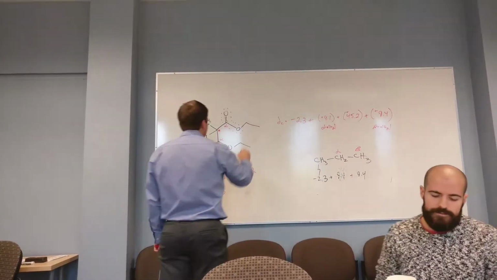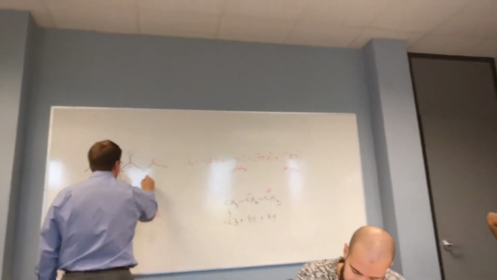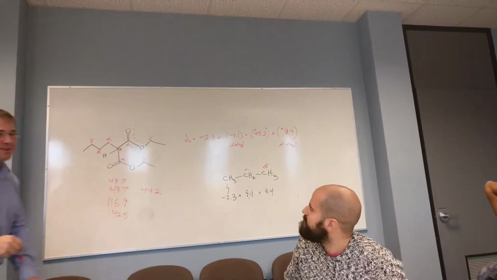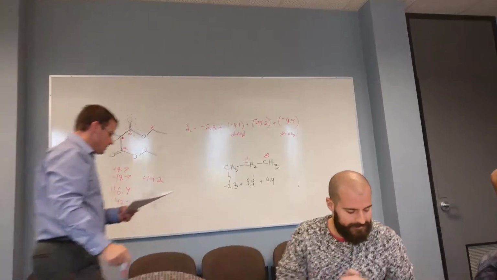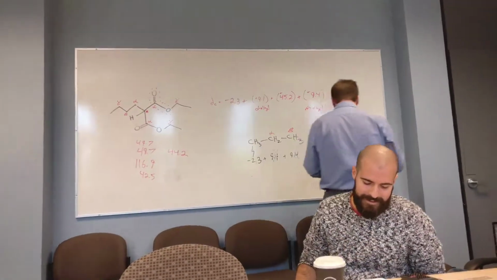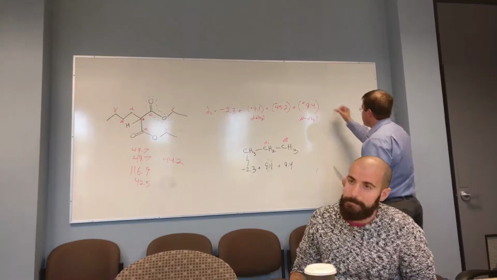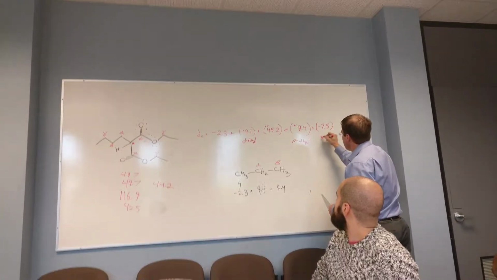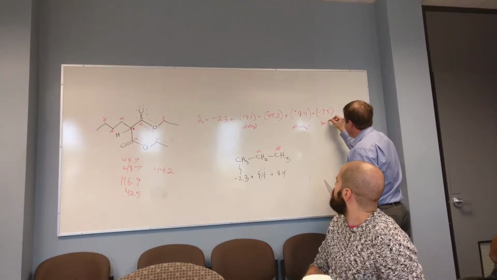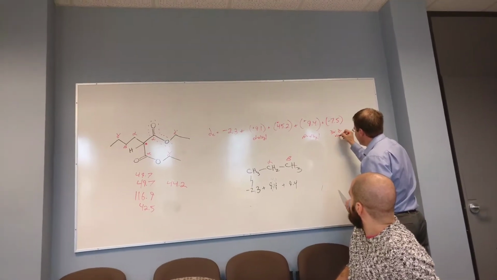Yes. So that's gamma, and that's gamma. So we actually have 3 gamma alkyl groups, which is a total of minus 7.5 for the 3 gamma alkyls.